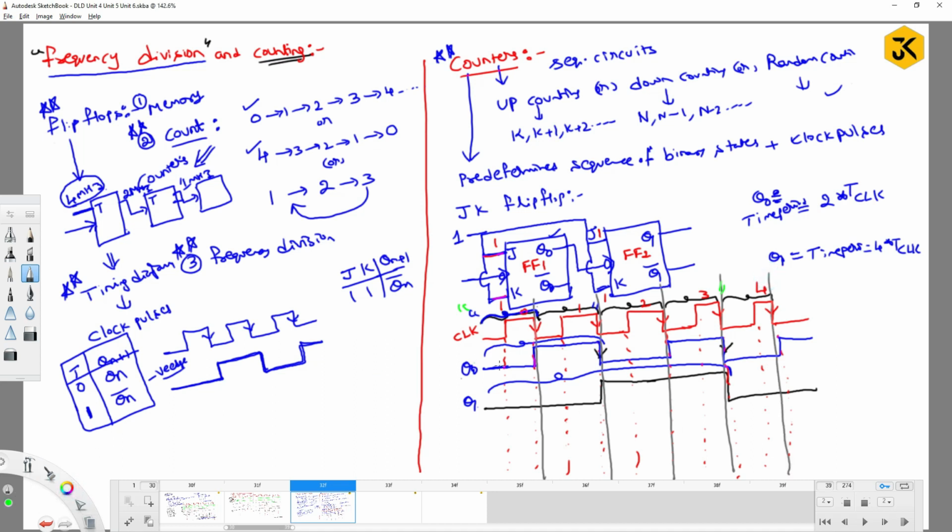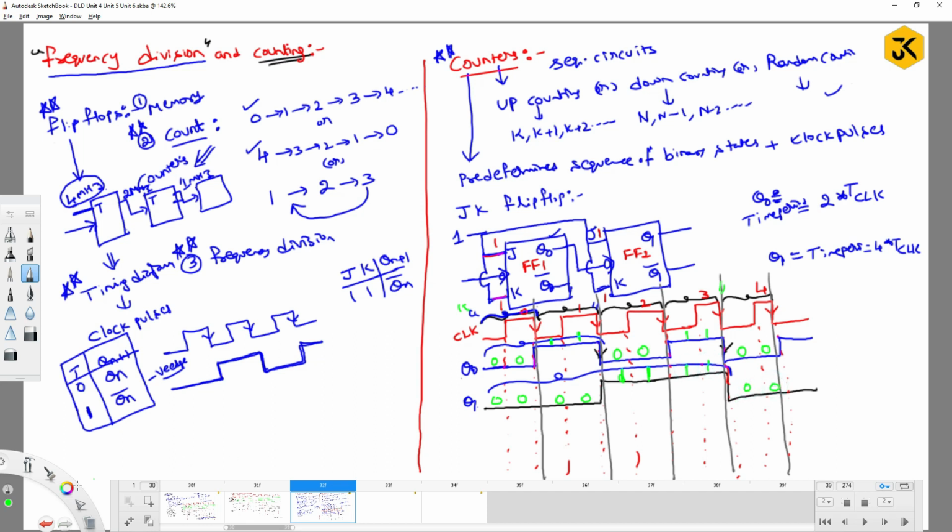So what I am trying to do now, observe, I will write some values. This is 0, this is 1, 1, 0, 0, this is 1, 1, and this is 0, 0, 0. If you observe clearly, this is 0, 0, 0, 0, 1, 1, 0, sorry, it should be 1, 1, and then 0, 0.